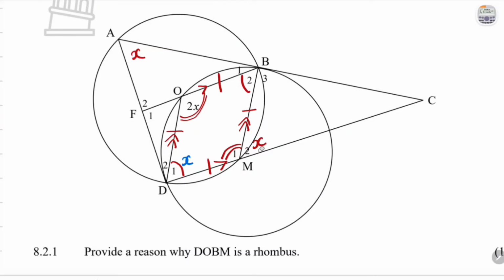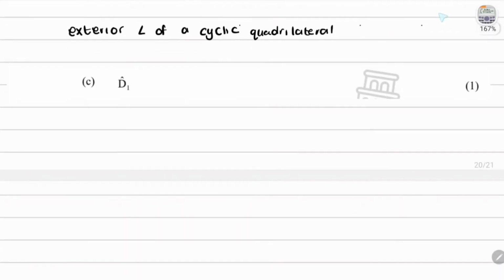So you have corresponding angles. We don't even have to tell them the lines are parallel. We gave them a reason it's a rhombus, so they know the lines are parallel. So angle D1 is equal to x because corresponding angles on parallel lines are equal. So that's the reason I'll have there.